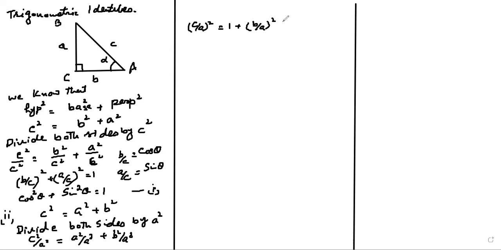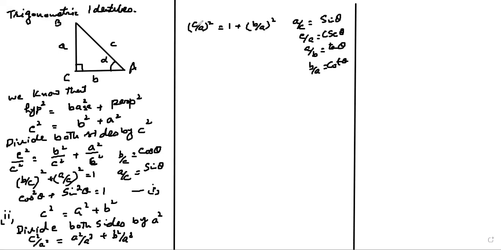So now we have A over C is equal to sine theta. So C over A equals cosecant theta. Similarly, A over B equals tangent theta, and B over A equals cotangent theta.